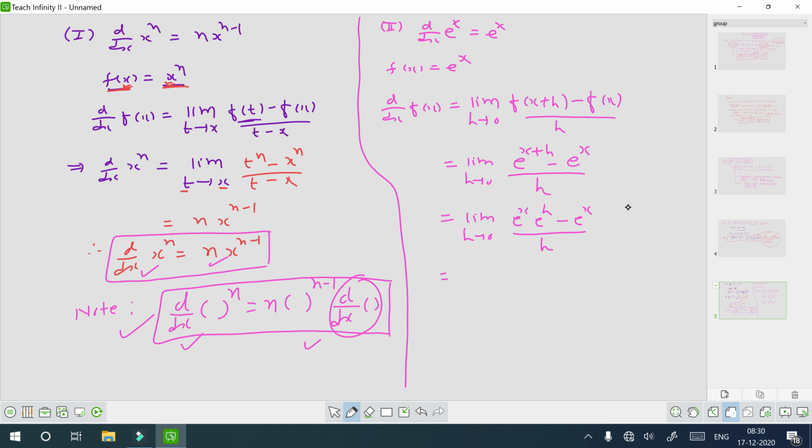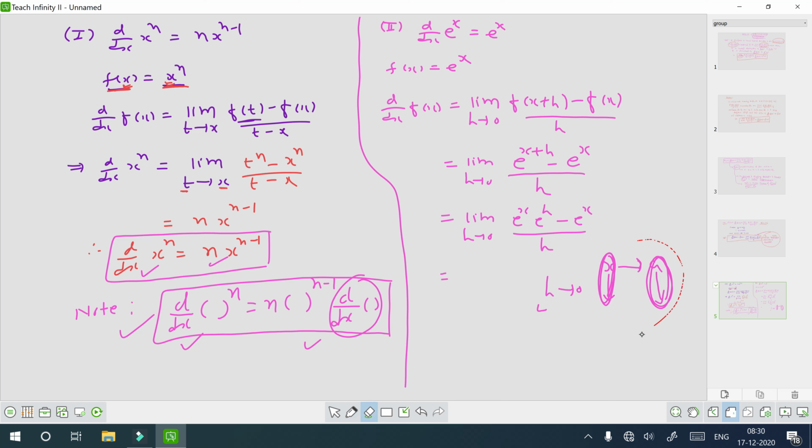Here h is variable. See here, h tends to 0. So in the left hand side, x tends to a. Limit always tends to. Here whatever may be that we have to consider constant, and here whatever may be that we have to consider as a variable.